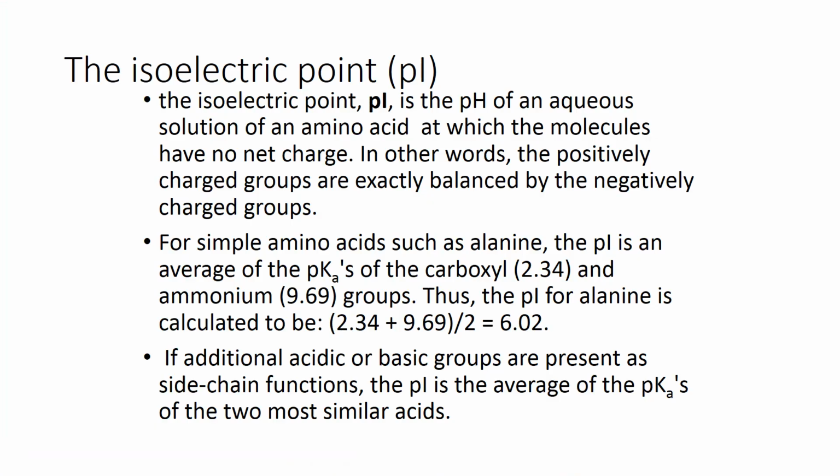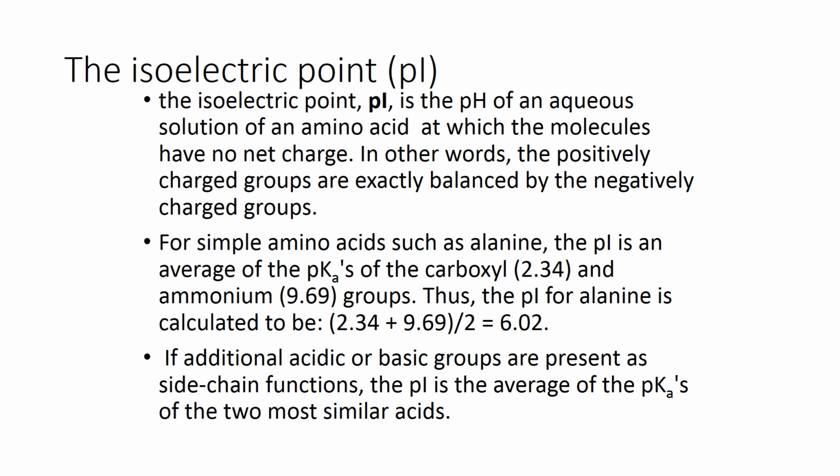The isoelectric point is the pH of an aqueous solution of an amino acid at which the molecules have no net charge. In other words, the positively charged groups are exactly balanced by the negatively charged groups. For a simple amino acid such as alanine, the isoelectric point is the average of the pK of the carboxyl group, 2.34, and the ammonium group, 9.69.